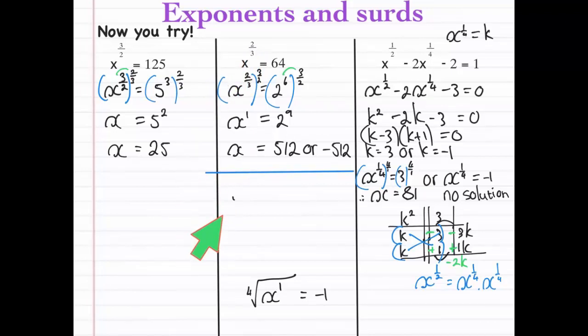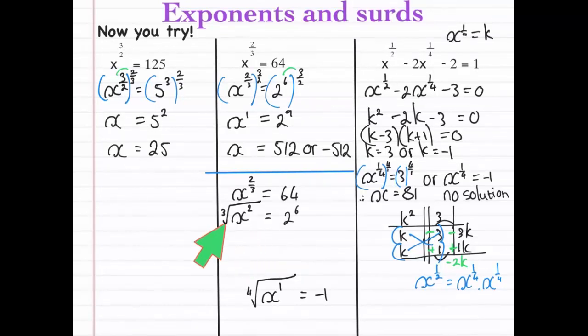So we have x to the power of 2 over 3 equals 64, right? Now we can rewrite this rational exponent so that it looks like this. It will be the cube root of x to the power of 2 equals. And then we rewrite 64 into its prime basis, and that will be 2 to the power of 6.